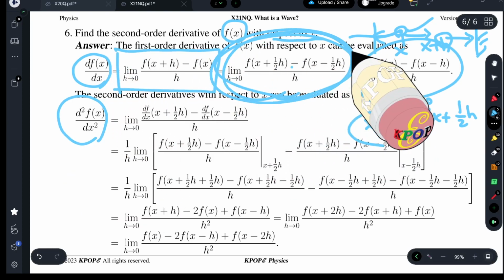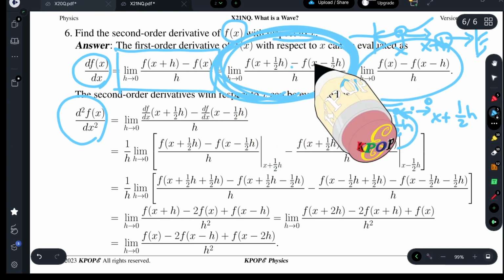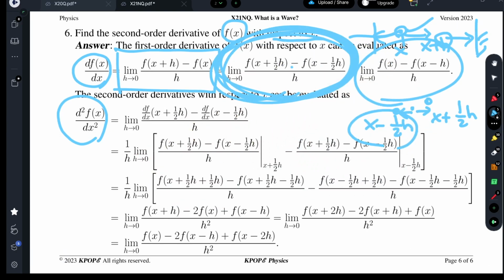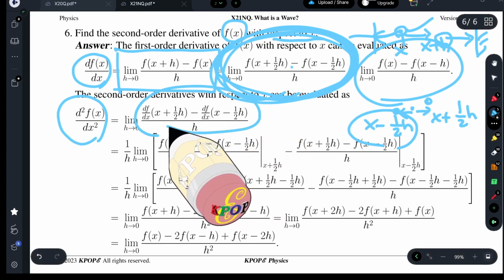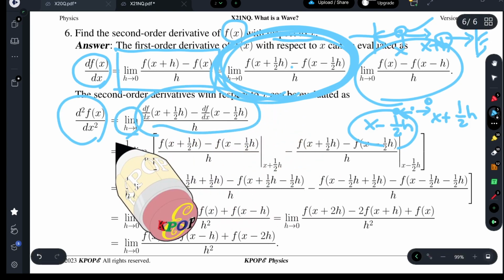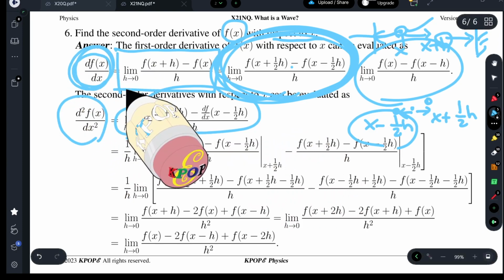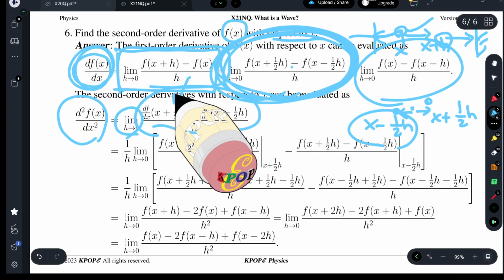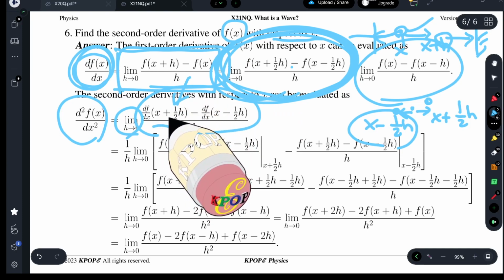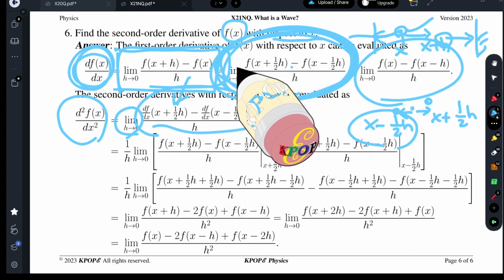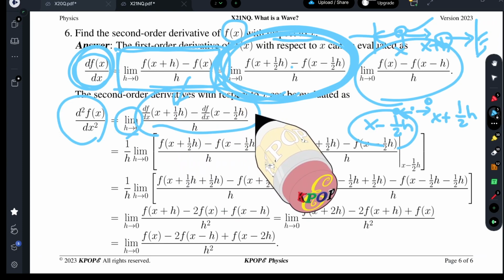Why don't we use the central one? Then this first order derivative's difference and this ratio limit is the second order derivative. And we can make use of this definition and substitute that value for x plus 1/2 of h and x minus 1/2 of h.